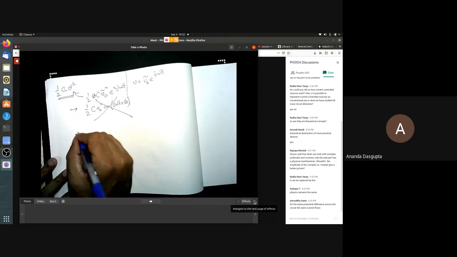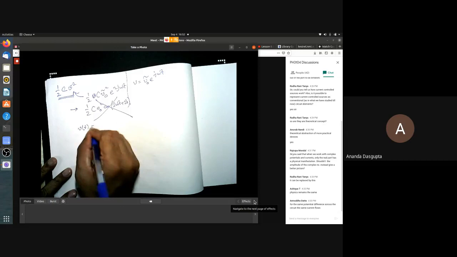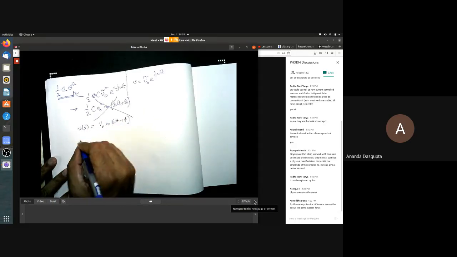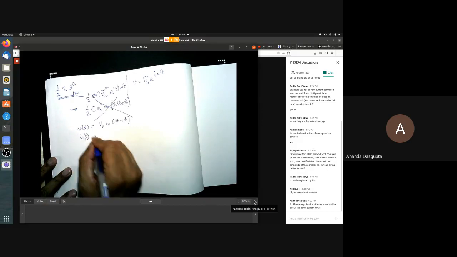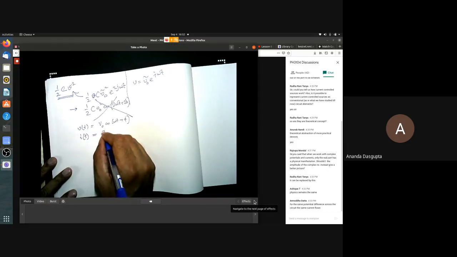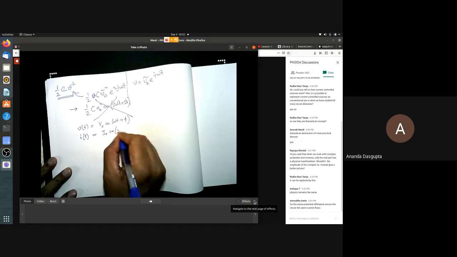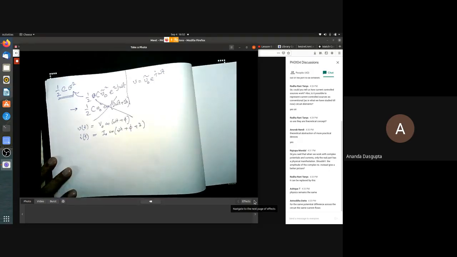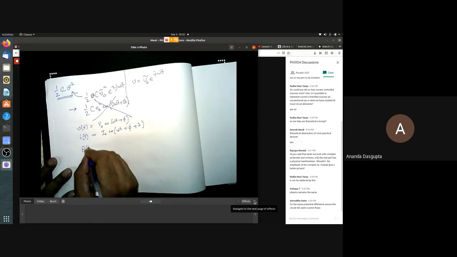That's an important thing. Suppose the voltage somewhere is this, V0 cosine(omega t plus phi), and the current in the same region is some I0 cosine(omega t plus phi plus delta). You all know this, I'm pretty sure. The current and the voltage may have a phase difference. Now, what is the power here, P of t?